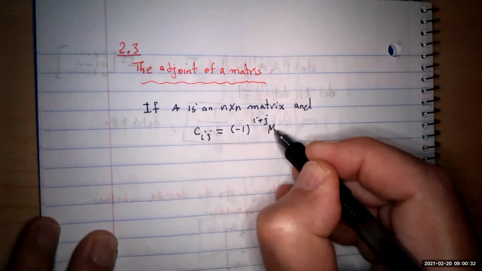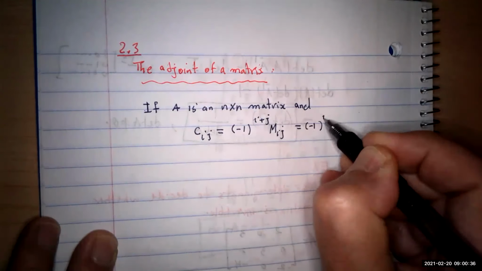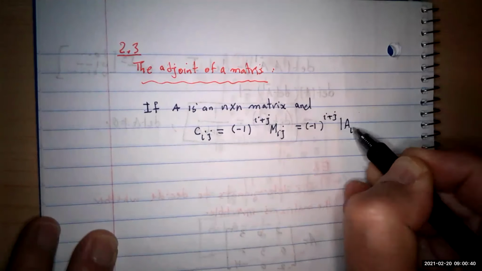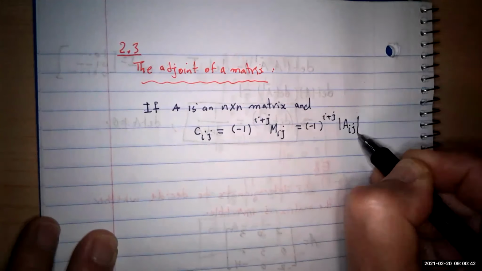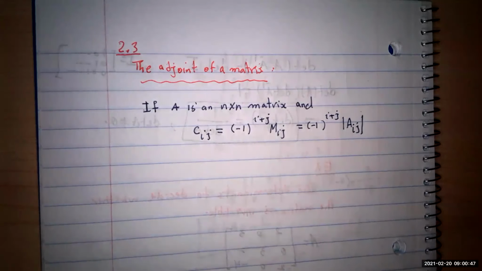So Cij is (-1)^(i+j) Mij, and that was the determinant of this matrix. Okay, so each cofactor is just a number.